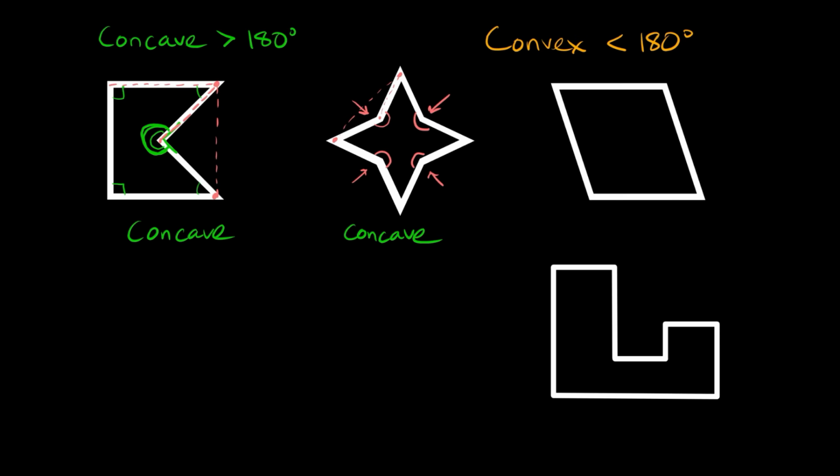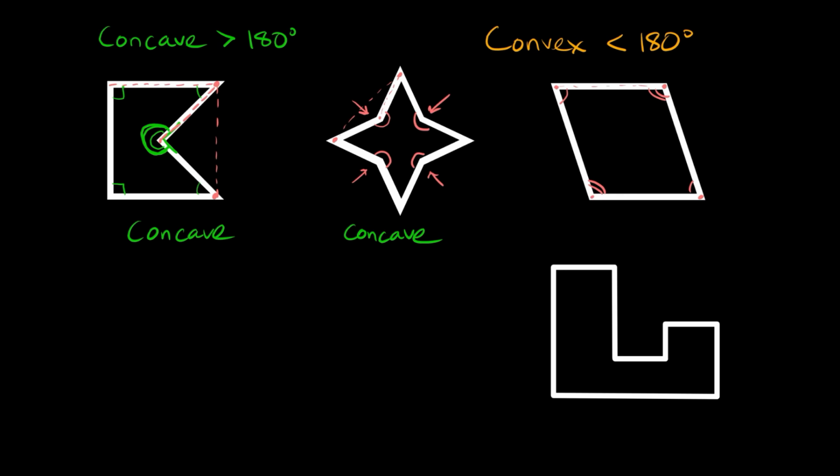Now, what about this one over here, this parallelogram? Well, you can see these are acute angles right here, and then these are obtuse angles, right? But they're not bigger than 180 degrees. So all the angles in here are less than 180 degrees, right? And again, if I did my imaginary line test, I could start here and draw a line to any other corner. So these are my other corners over here, right?